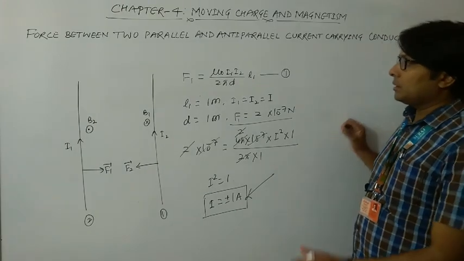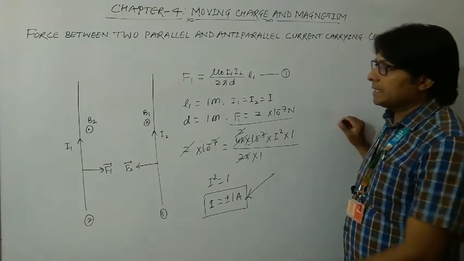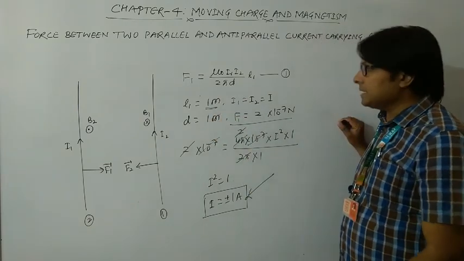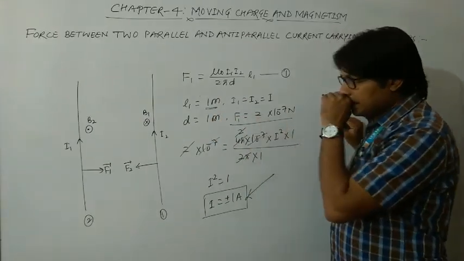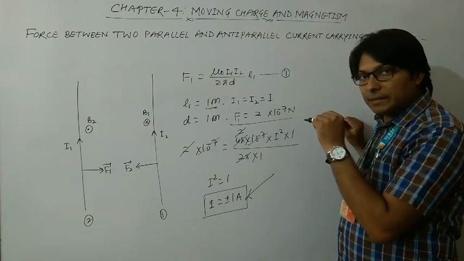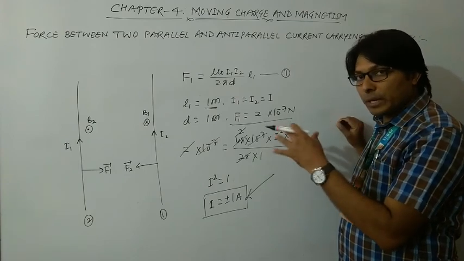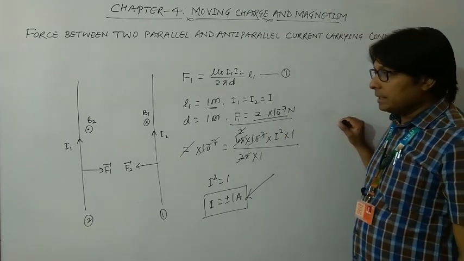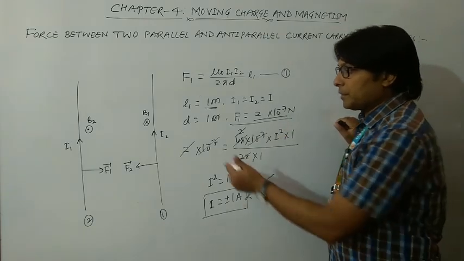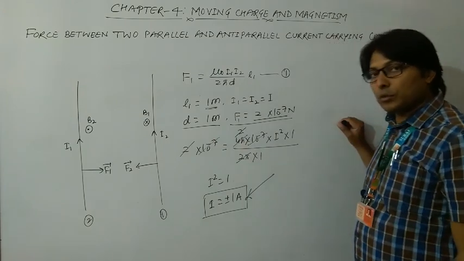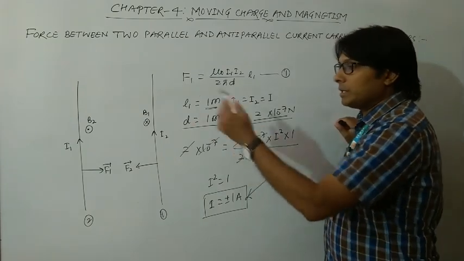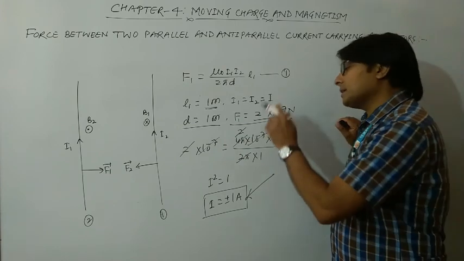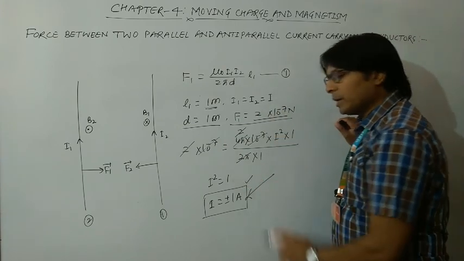So if I take the length of the conductor as 1 meter and the force exerted between the two parallel current carrying conductors is 2 into 10 minus 7 Newton, and the separation is 1 meter, then of course the current flowing in both the conductors must be equal, and this current will be 1 ampere.